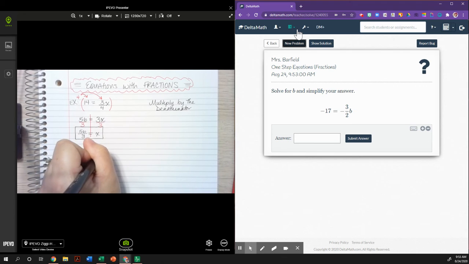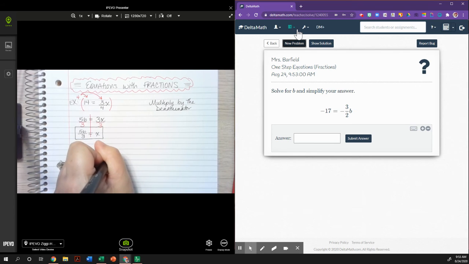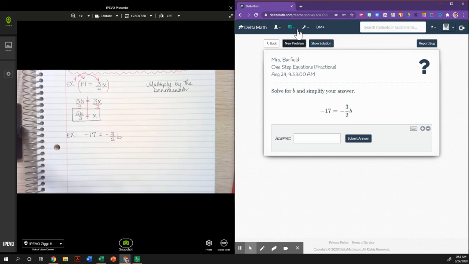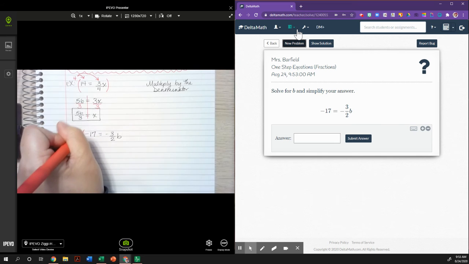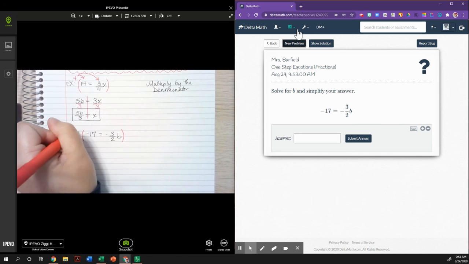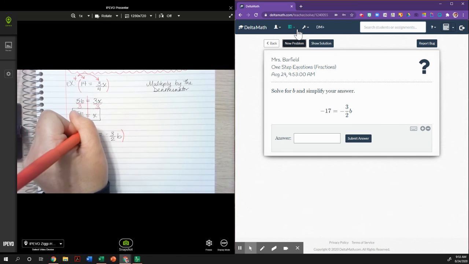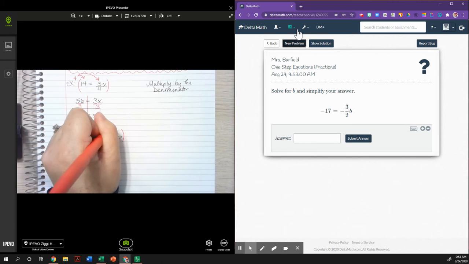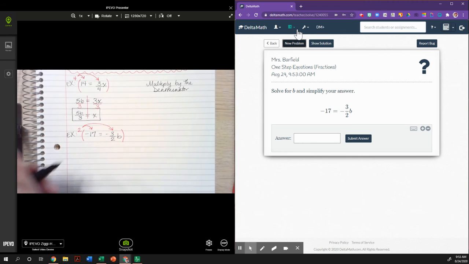Negative 17 equals negative 3 halves b. I'm going to multiply the entire equation by the denominator, and the denominator in this case is 2. So I'm going to multiply 2 times negative 17 and 2 times negative 3 halves. Well, 2 times negative 17 is negative 34 equals.